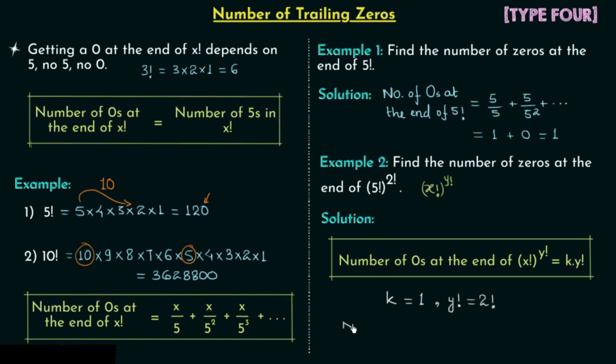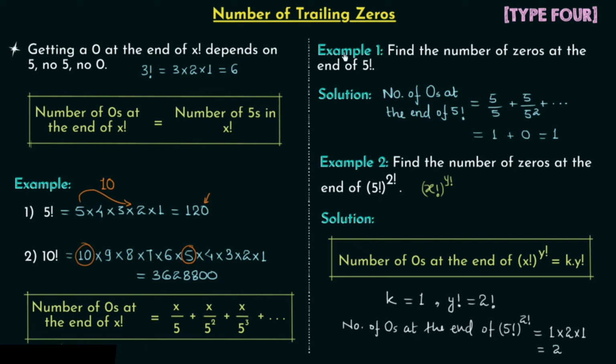And therefore, the number of zeros at the end of 5 factorial raised to power 2 factorial will be k multiplied to y factorial. K is 1 and y factorial is 2 factorial, which is 2 multiplied to 1. So at the end we are getting 2 as the answer, and this means 5 factorial raised to power 2 factorial will have 2 zeros at the end of it.